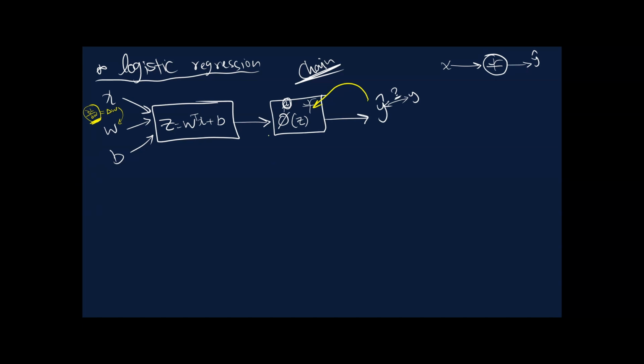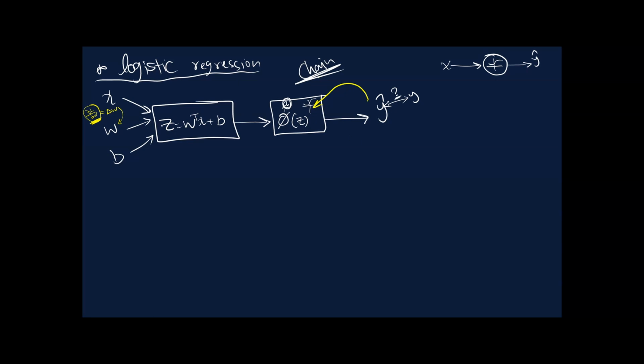But here we have middle functions, meaning that this is not the final function because we are projecting the value of Z on the sigmoid function. Okay. So we have a function and then another function after projecting this on the sigmoid. And then we calculate the cost.